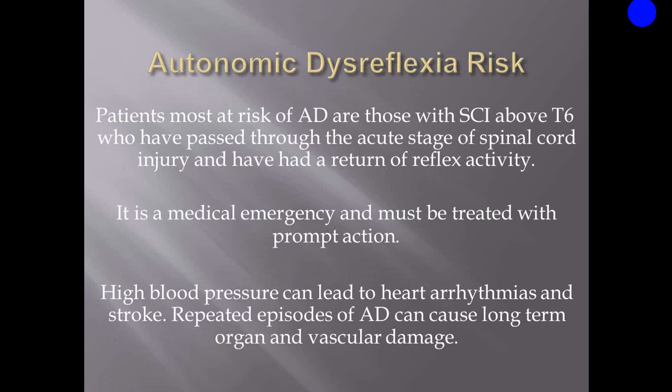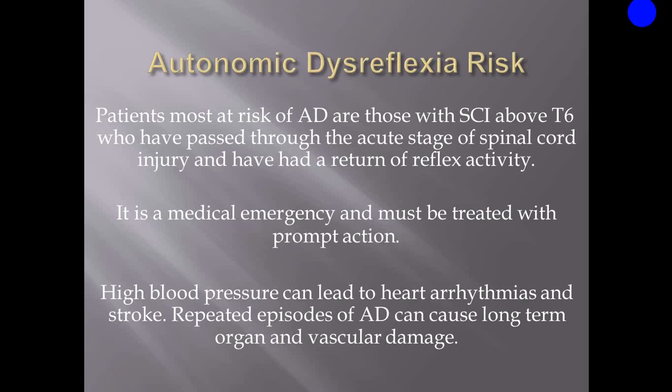The patients most at risk of autonomic dysreflexia are those with spinal cord injury above T6, who have passed through the acute stage of spinal cord injury and have had a return of reflex activity. It is a medical emergency and must be treated with prompt action.